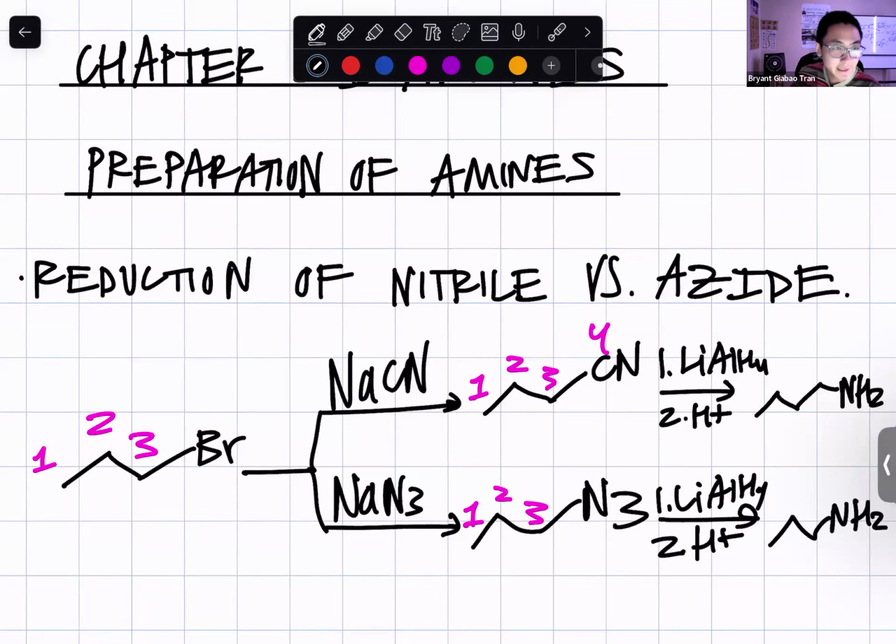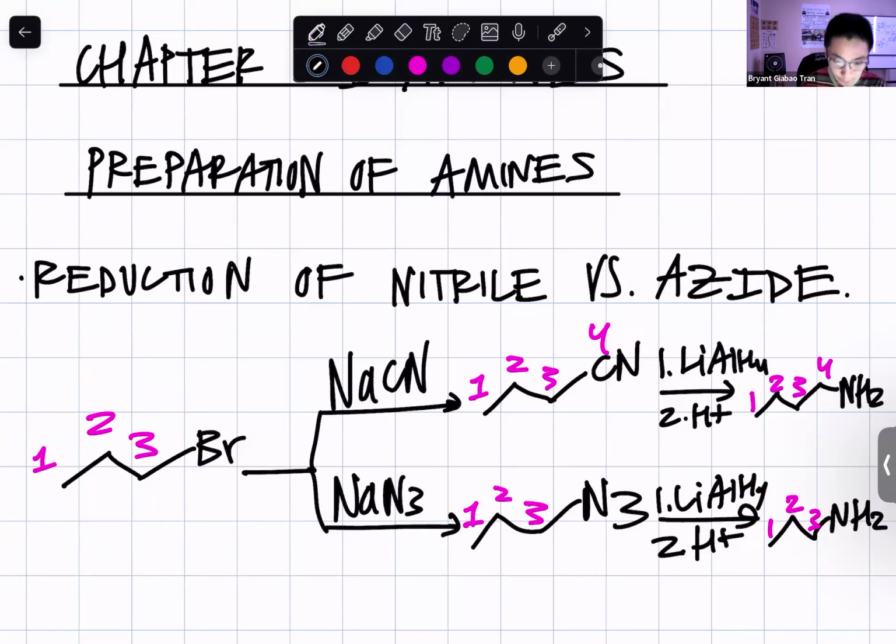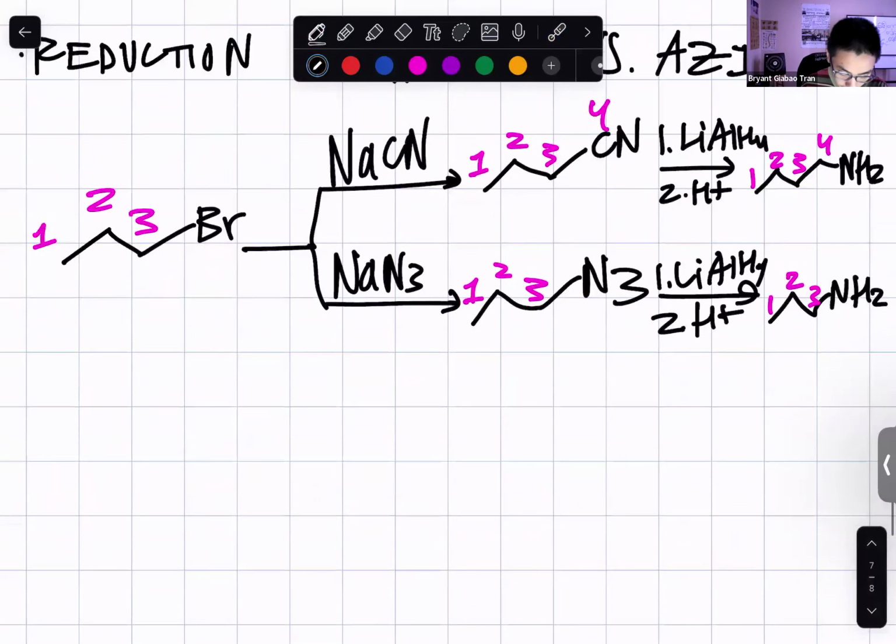The most common mistake that students make for these reactions is the carbon skeleton length, right? If you use the nitrile, be sure to add the extra carbon from the reactant molecule. If you use an azide, be sure that you maintain the same carbon skeleton length. So that's one way that we could prepare amines.